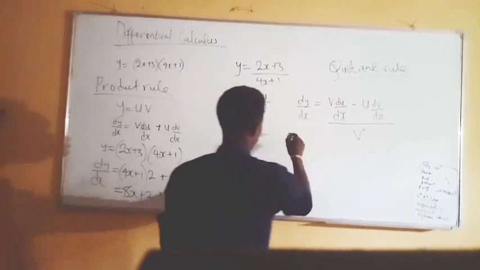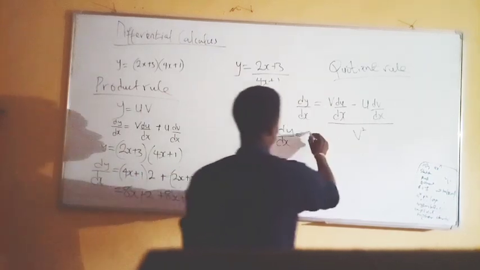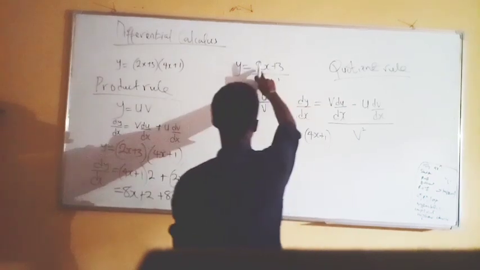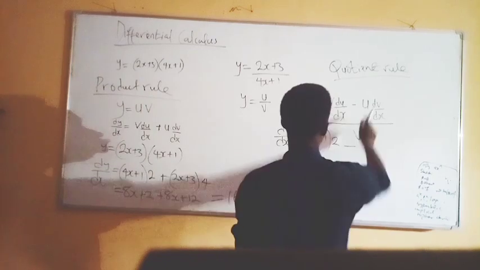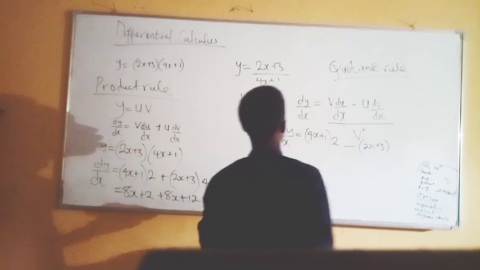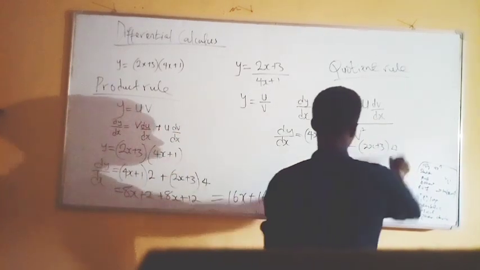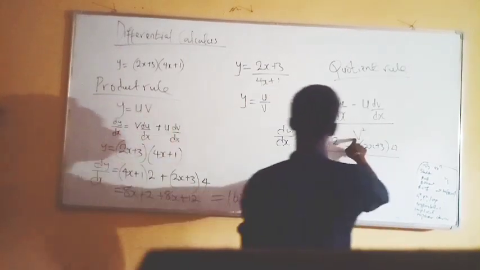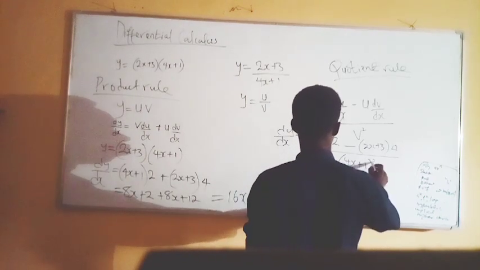So, following that, dy dx becomes v, which is 4x plus 1, multiplying du dx, which is 2, minus u, which is 2x plus 3, times dv dx, differentiating this gives us 4. We divide it all by v squared, which is 4x plus 1 all squared.